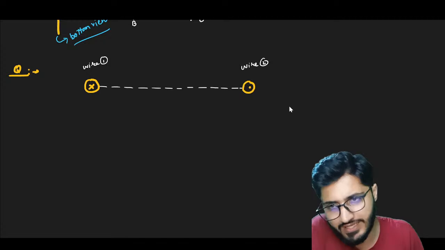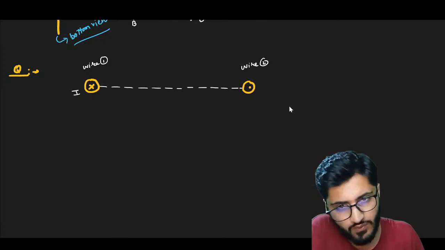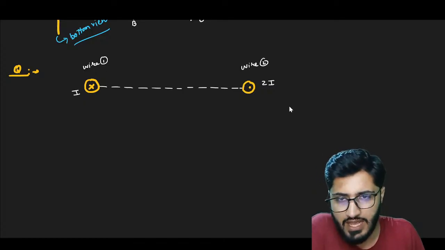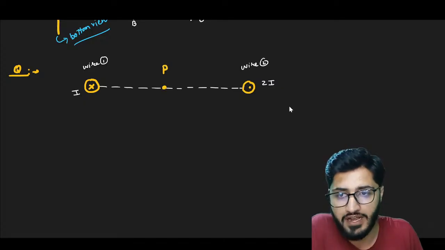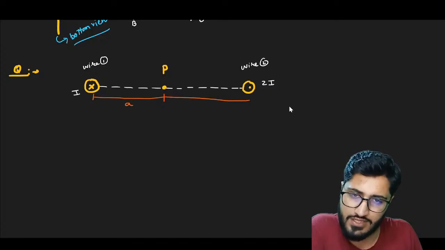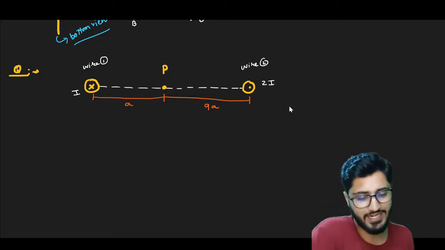In the first wire current is I. In the second wire current is 2I. At this particular point, which is P, I need to find the magnetic field. If this distance from wire 1 is A and this distance is 9A. So how can we do it?